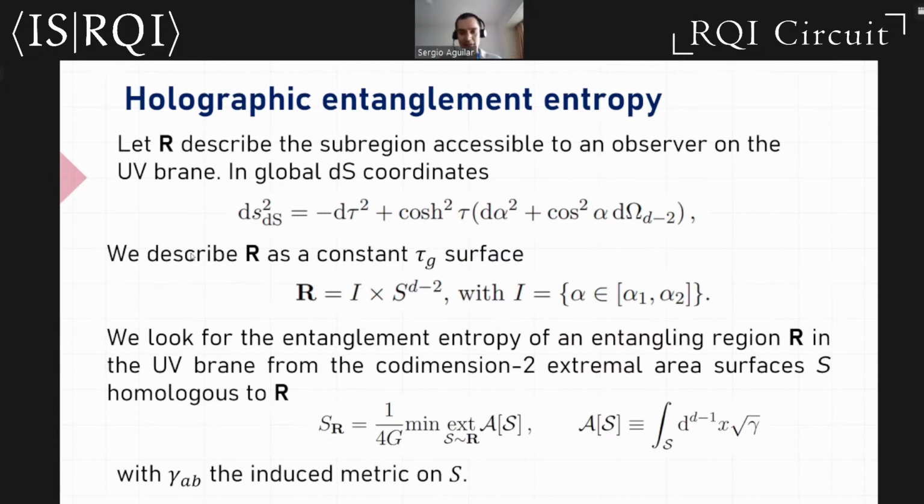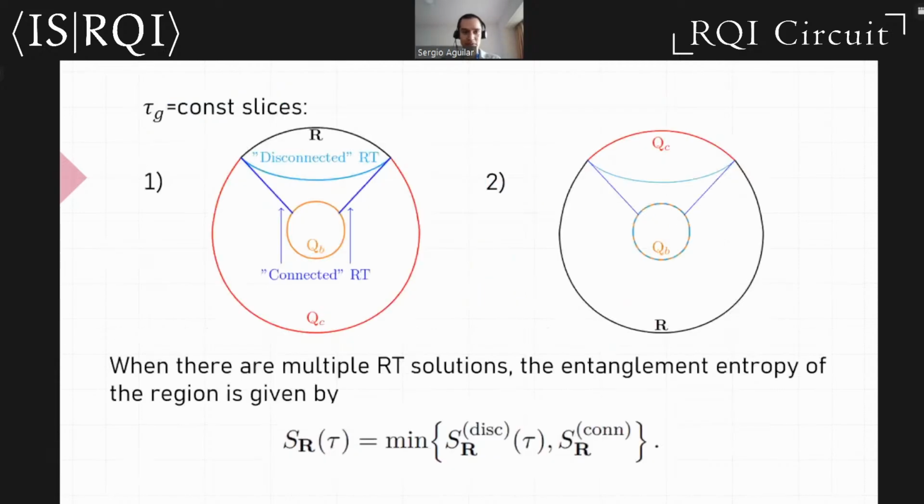And then we can think about how these HRT formulas implement these notions of entropies with respect to this UV observer close to the boundary, using just some geometric notions in the bulk, dimension 2 surface areas that are homologous to R. So this is basically how they look. Again, this is a typo, sorry about that. But yeah, this is fine.